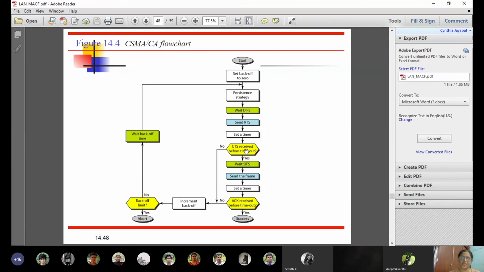If the CTS packet is received, it will again wait for the SIFS time interval, send the frame, set a timer, and wait for an acknowledgement. That means it is a successful transmission. In all other cases, it should increment the backoff time, reset the timer, wait for the channel again, and then transmit. So these are the two important protocols we use in the case of wired and wireless channels.